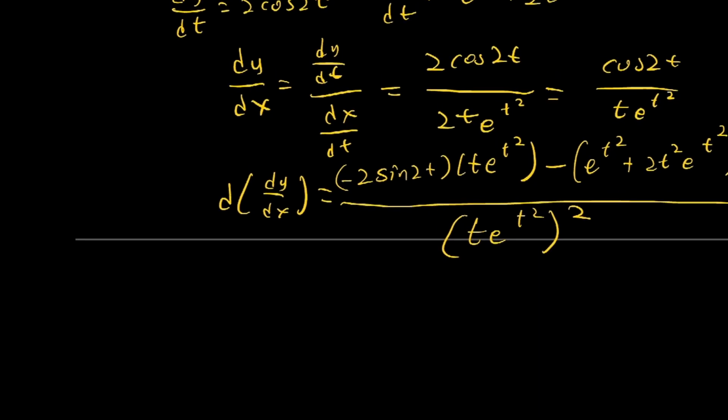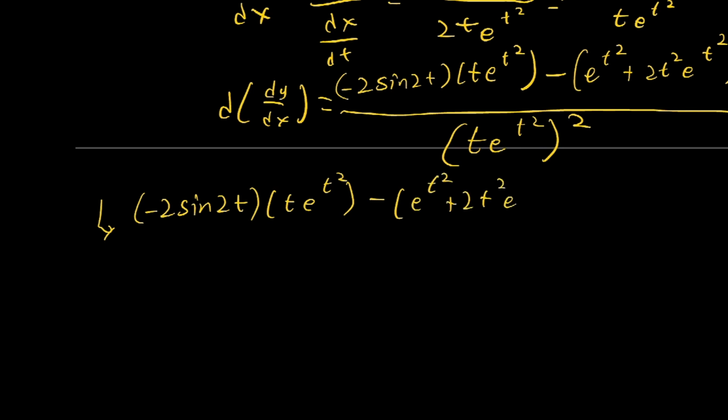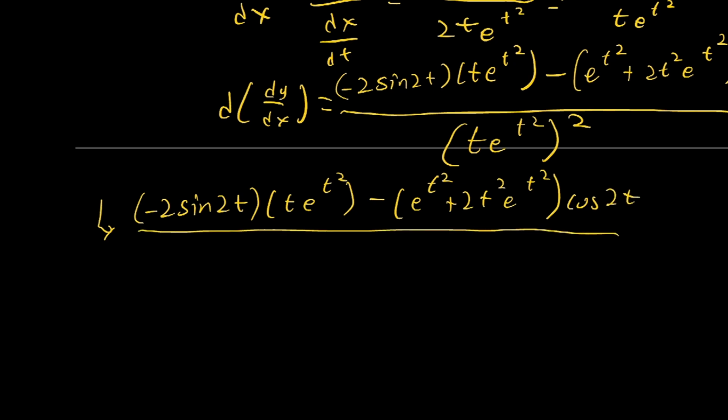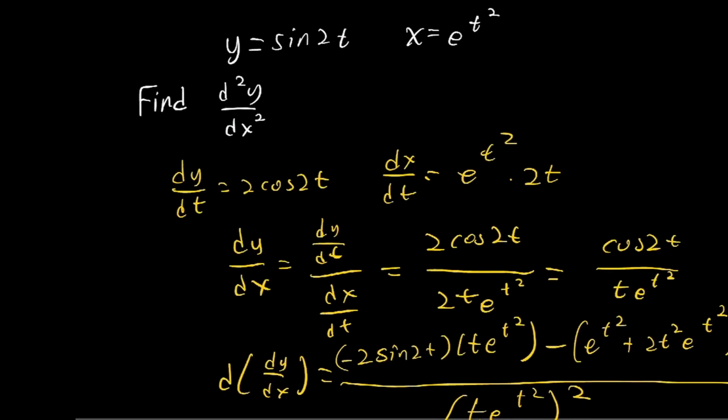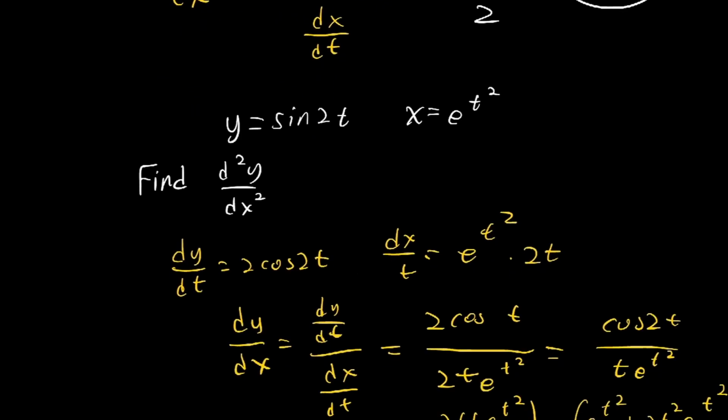Now, from here, we just need to divide all of this, so I'm going to rewrite this. Negative 2 sine 2t times t e to the t squared, minus e to the t squared plus 2t squared e to the t squared, times cosine of 2t, all divided by t e to the t squared, squared. And now, on the denominator, we tag in our dx/dt, which we know from right here.